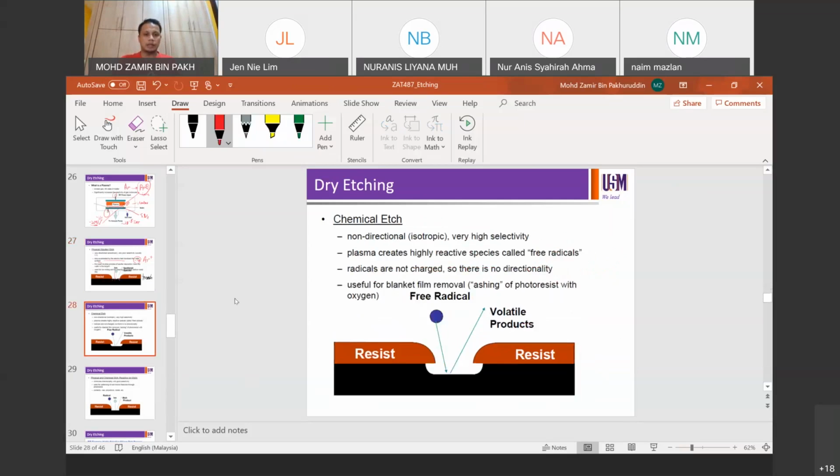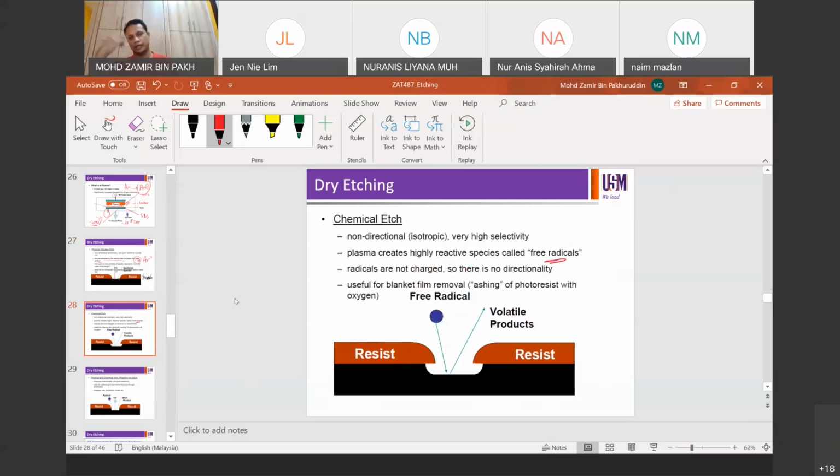Alright, so next, chemical etch: non-directional, isotropic, high selectivity. In this case, free radicals are used to do the etching process. Plasma creates highly reactive species called free radicals instead of ions. So when you see free radicals, it's chemical etching. Radicals are not charged, so there is no directionality.